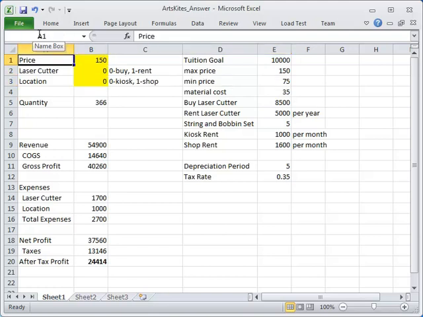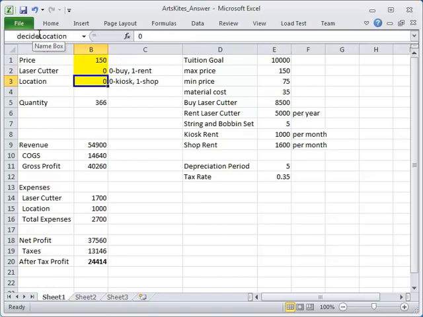And so I always put the decisions on the left-hand side in the upper left-hand corner, and I ask that you do the same. So my first decision is price, for $150. My next decision is, do I buy or rent the laser cutter, which is kind of why the case gives you both costs. And the final decision is, do I use a kiosk or a shop as my location? So these are the three decisions.